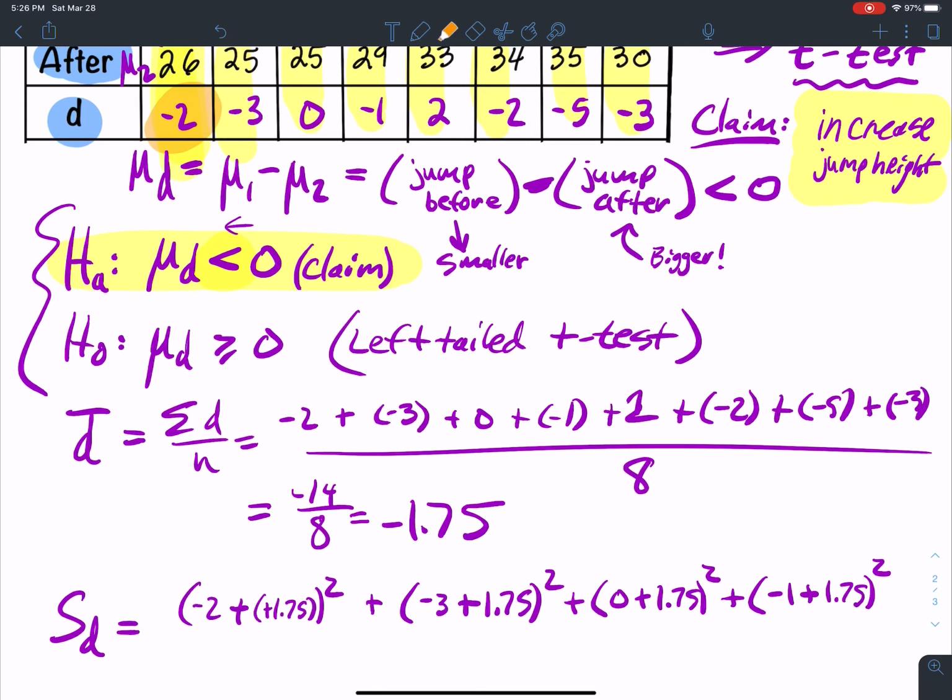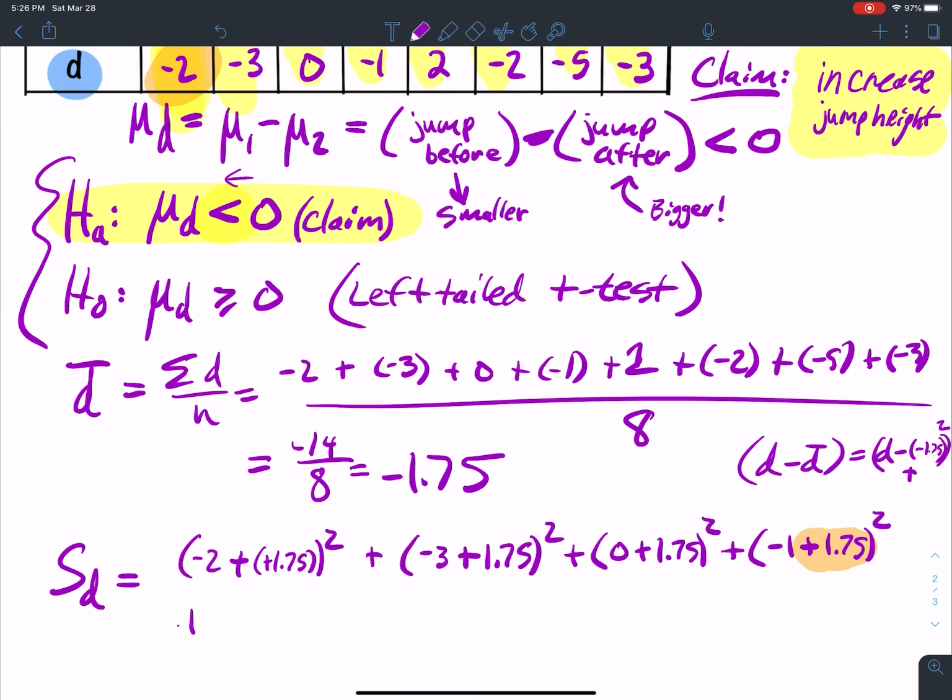I hope I didn't do that too fast. The reason I'm plussing and not subtracting here is because it's really d minus d bar. But what do we know d bar is? D bar is -1.75. And so when you do that, a negative and a negative make a positive. That's why I'm writing that plus, okay?